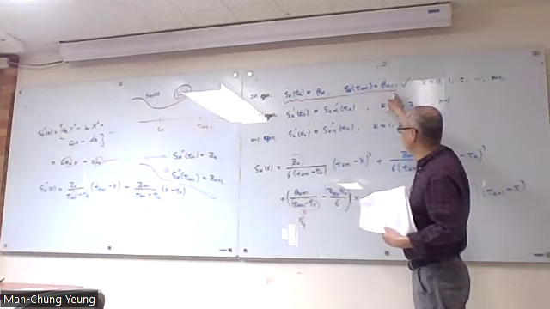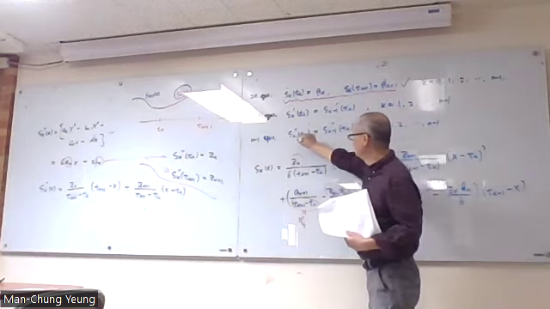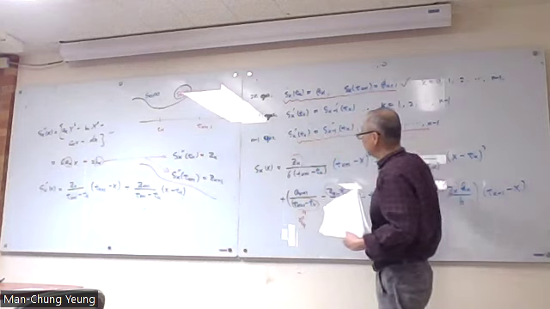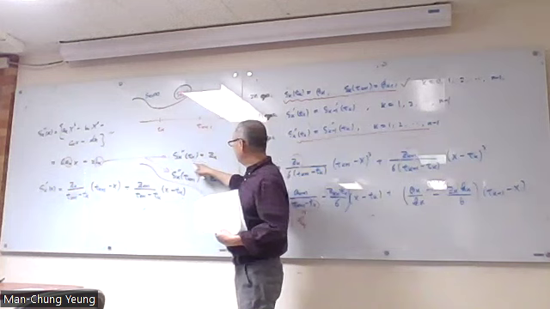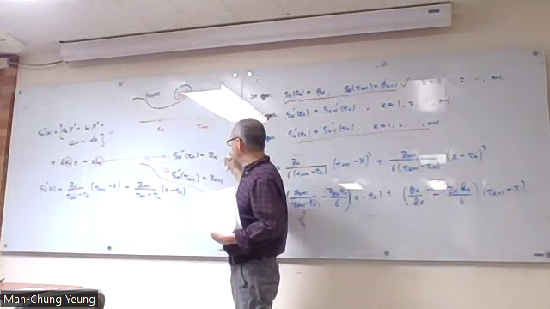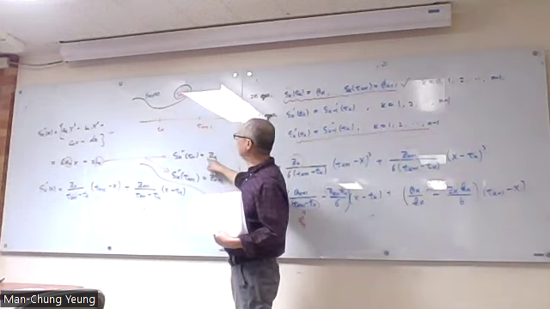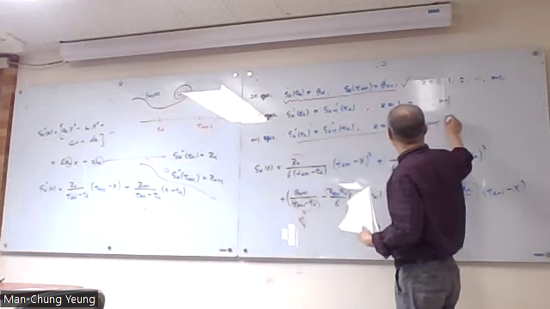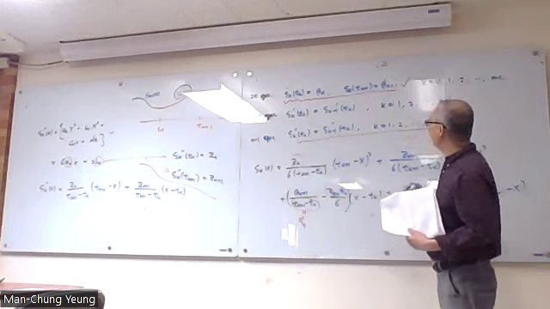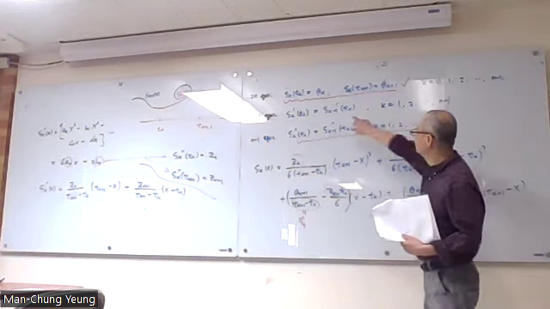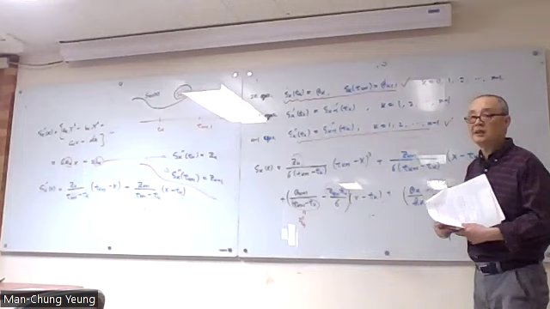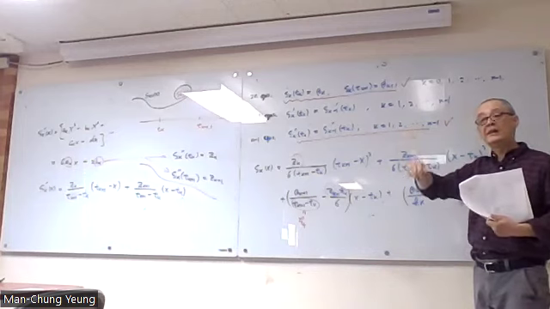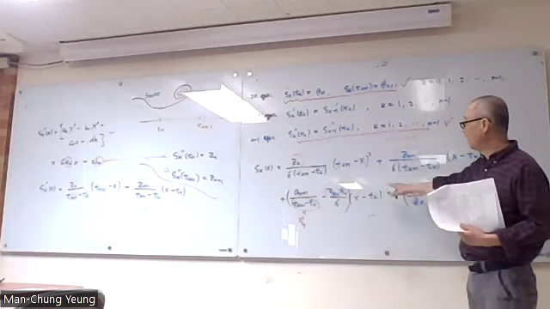We have used this, and also this. What we haven't used is the middle one. Now I use the middle one to build a linear system for the unknowns.